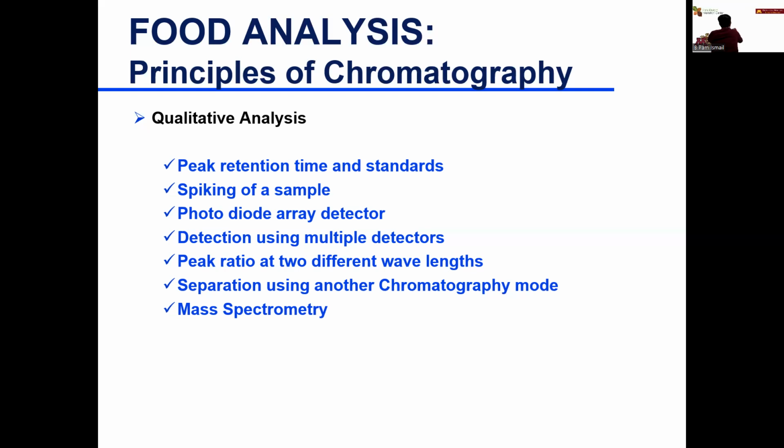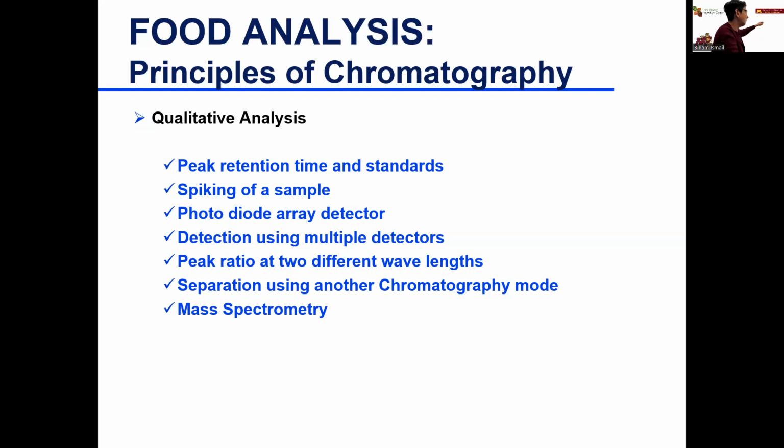Sometimes you have here and here the same lambda max, but you get some absorption at, let's say, 300 nanometer. And here you have very little absorption at 300 nanometer, but you have the same lambda max. In order to identify, you just take the ratio at two different wavelengths. Then you can differentiate the two.